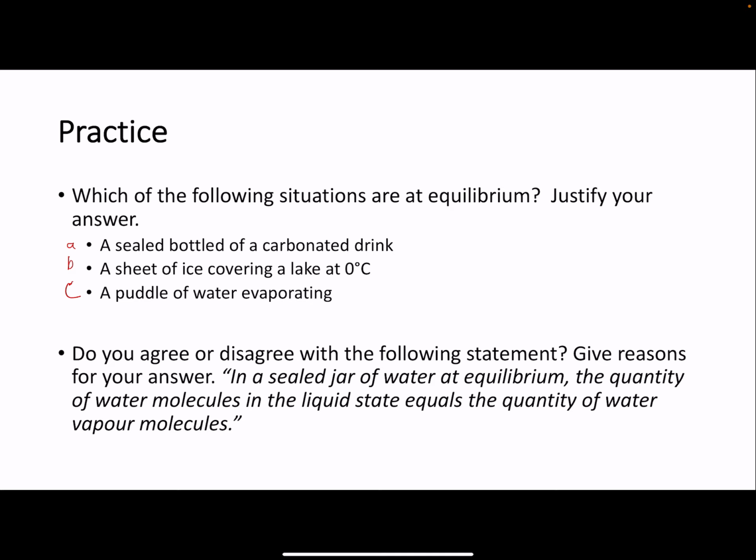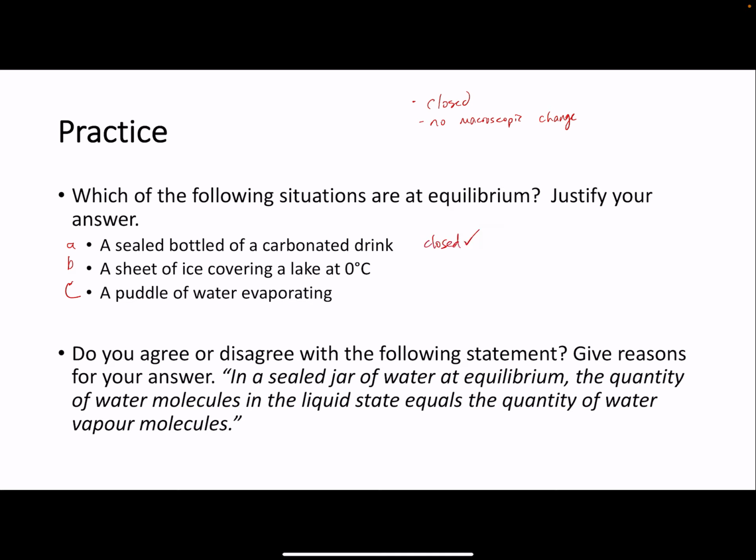It's such an important tool to do. And if you've paused and you're coming back now, let's go through this. So the conditions for equilibrium were a closed system and no macroscopic change, meaning you can't see it, but it's there. Okay, so a sealed bottle of a carbonated drink, is it at equilibrium? Well, it's a closed system.